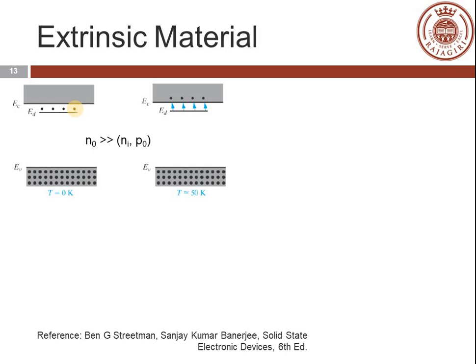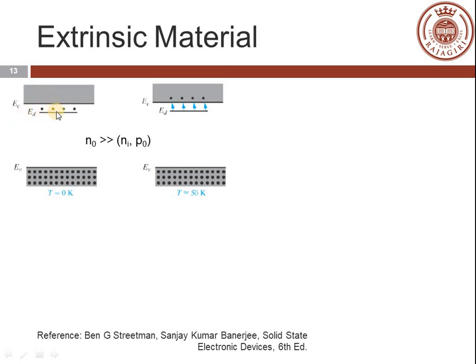Now what's the advantage? Earlier, if you needed to make the semiconductor conducting, you needed to move electrons from the valence band to the conduction band. Now we have another energy level E_D near the conduction band, which is fully filled.